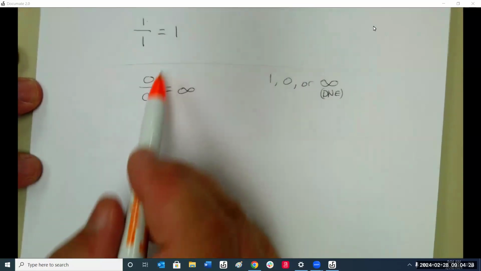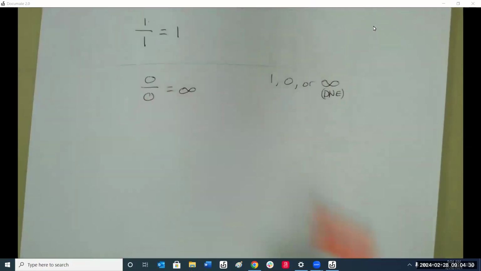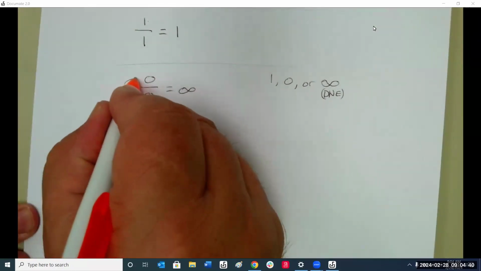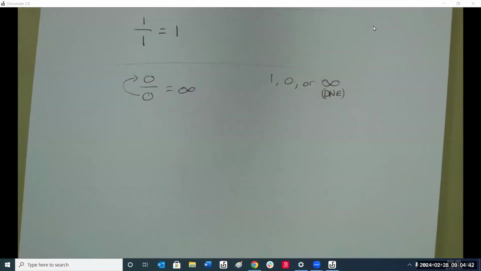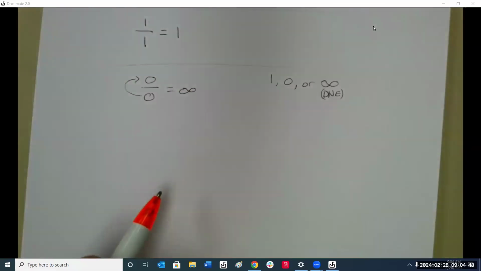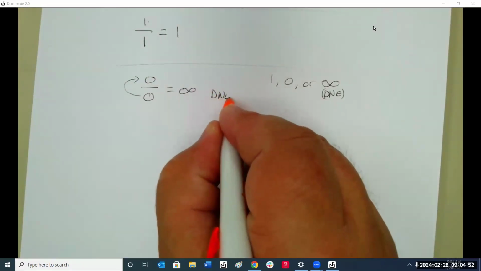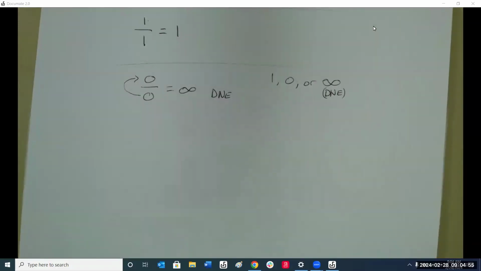Anything over itself is 1, but 0 over 0 is not 1 because there's nothing tangible there. I have nothing and I'm dividing it by nothing. How many times can the bottom fit into the top? How many ways can nothing fit into nothing? Infinite ways. So this does not exist as well.